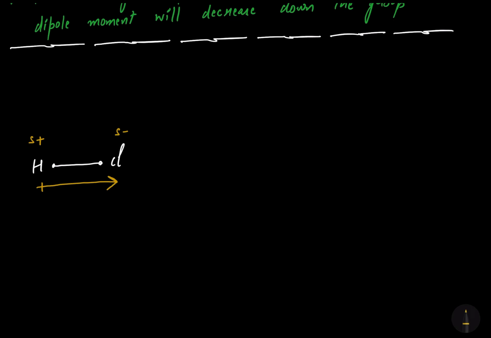So that's called dipole. The arrow shown in yellow color is called dipole, and it's a vector quantity which depends upon the direction. So this single-headed arrow is also called dipole. The word dipole is given to this arrow.